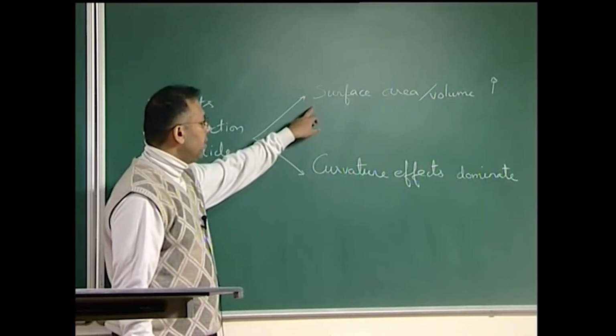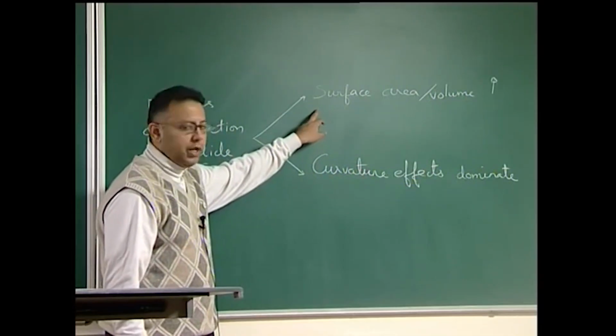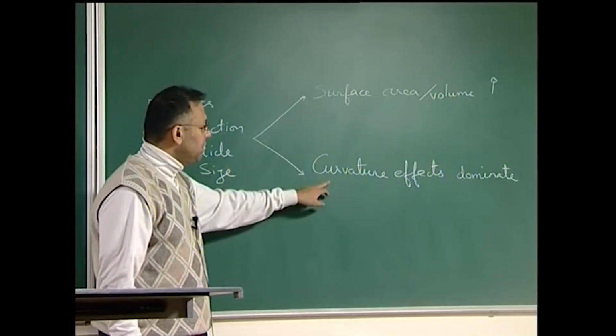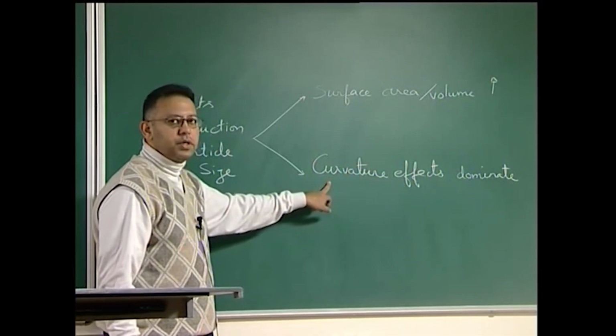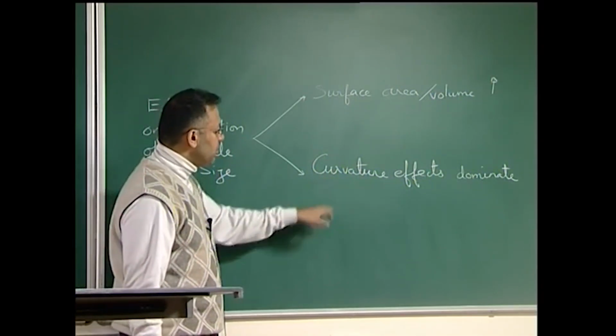One is that the surface area per unit volume will increase, and we will actually make a calculation to show this, but additionally we will notice that curvature effects start to dominate when you go down to small sizes.